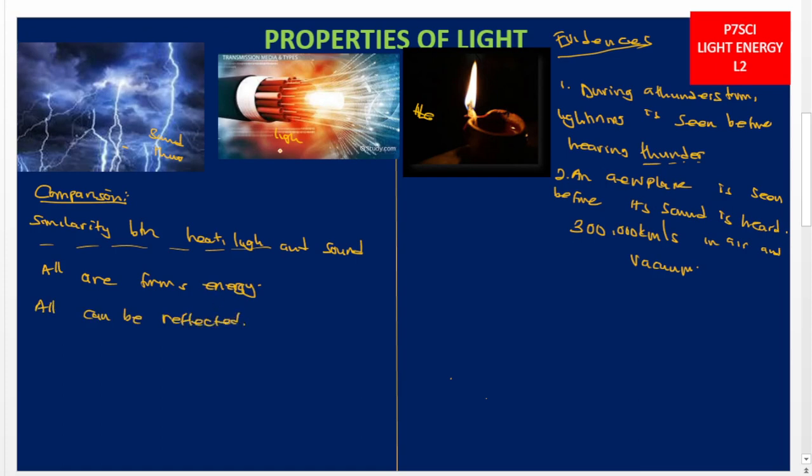Yes, light can be reflected. Heat, when you look at the vacuum flask, has silvered walls that reflect heat back to the substance. So heat can be reflected. That's why the Stevenson screen is painted white, hospitals are painted white, refrigerators are painted white, to reflect heat. And also sound can be reflected to form what we call an echo.